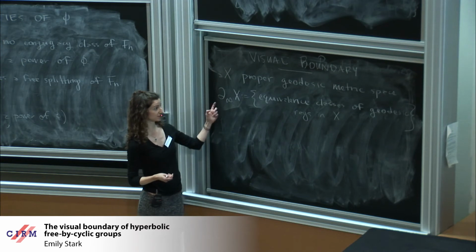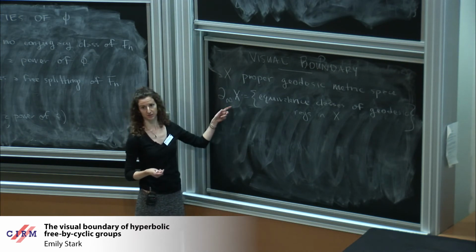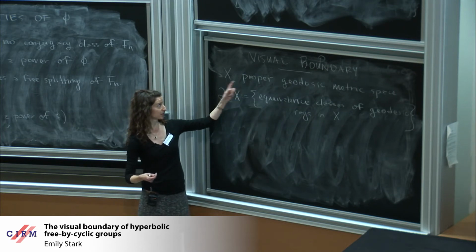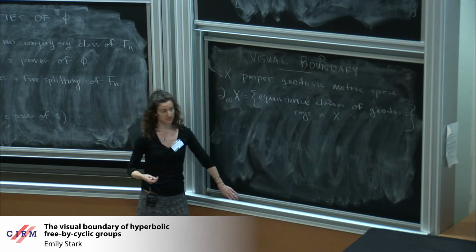There's a natural topology on the space X union its boundary where two rays or segments are close if they travel together close to each other for a long time before diverging. And since X is proper, X union its boundary is compact.